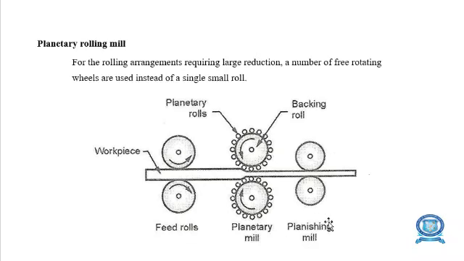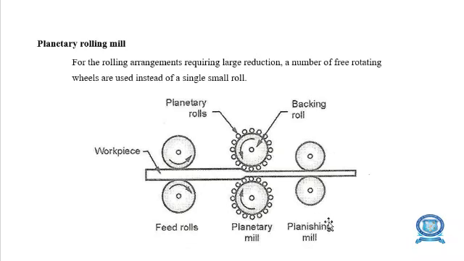Next, planetary rolling mill. For a rolling arrangement requiring large reduction, a number of freely rotating wheels are used instead of a single small roll, as shown in the figure.